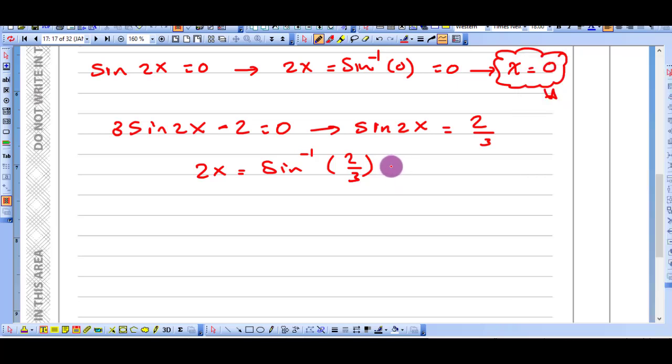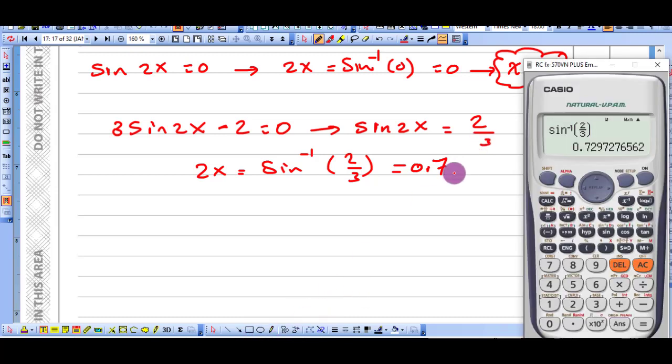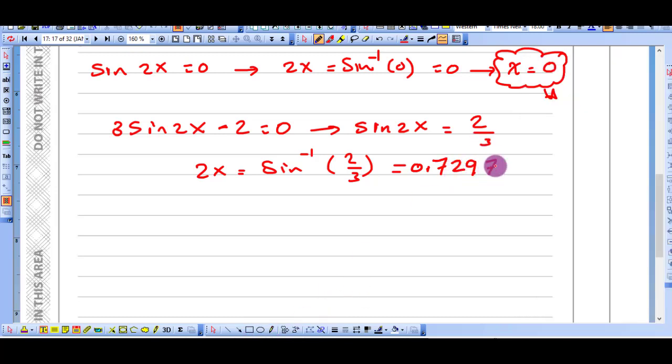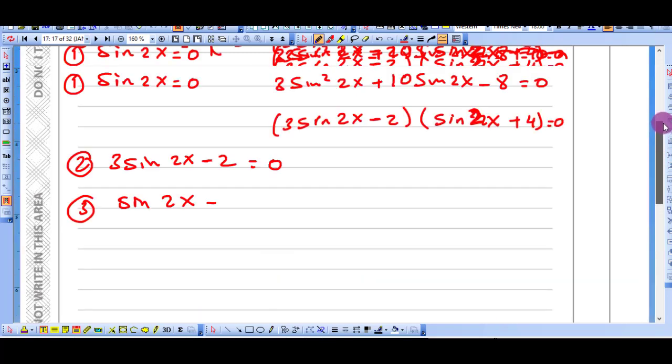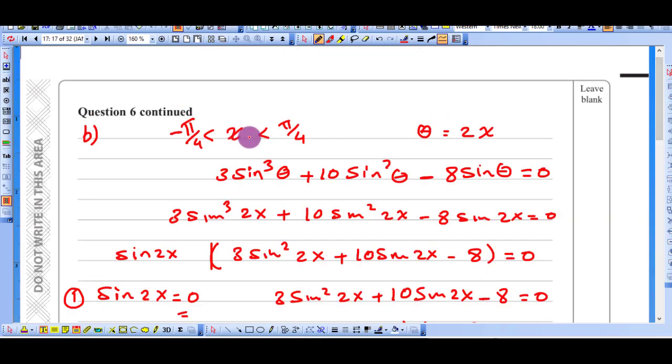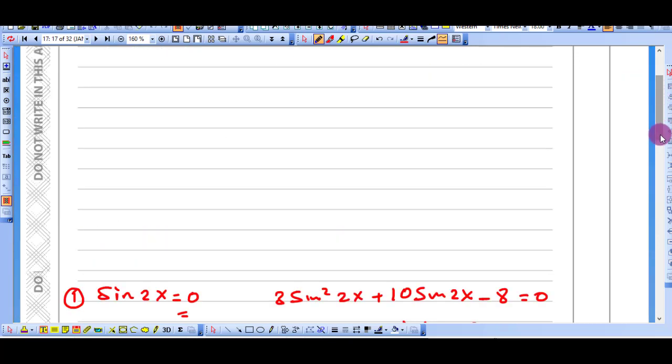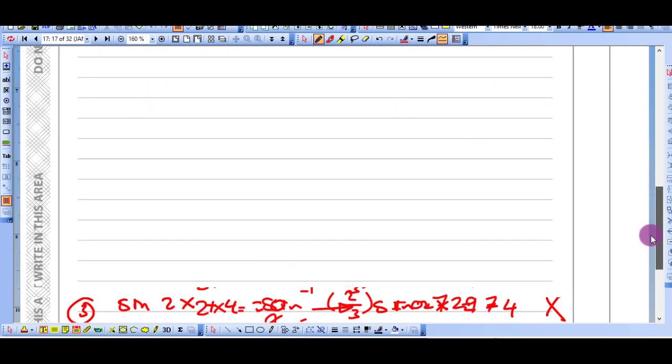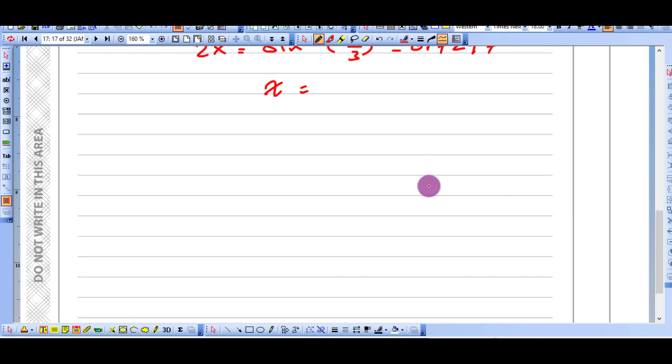So x is equal to, and this is the only angle, because the range he gave to us is a very small range, x bigger than minus pi over 4 and less than pi over 4. So he needs the first quadrant angle.